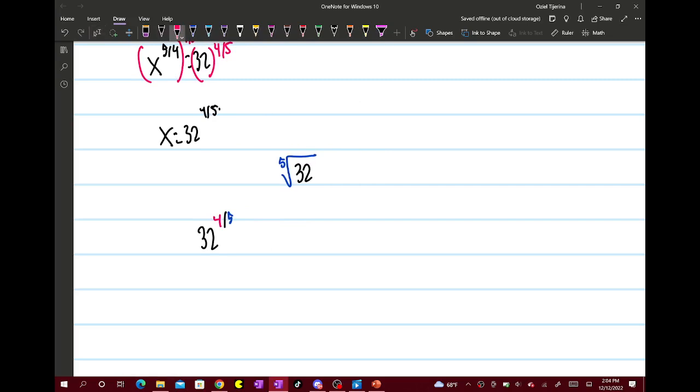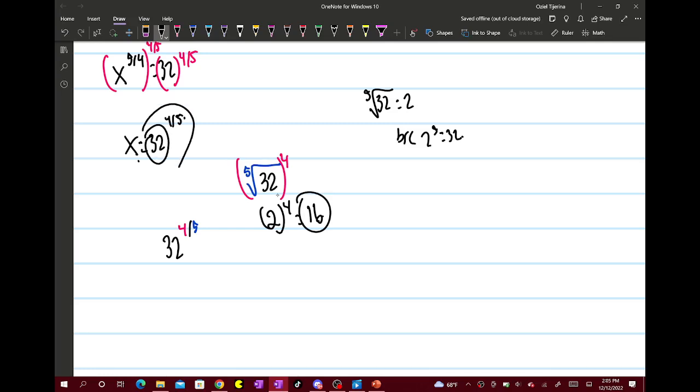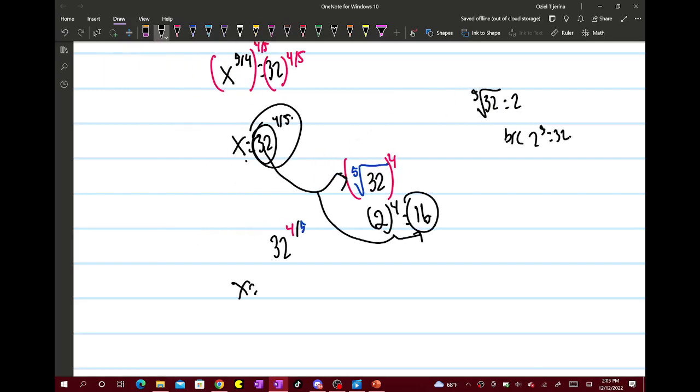And the 5th root of 32 we all know is 2, because 2 to the 5th equals 32, right? So this would be 2 raised to the 4th power. 2 times 2 is 4, times 2 is 8, times 2 is 16. So your answer is x equals 16.